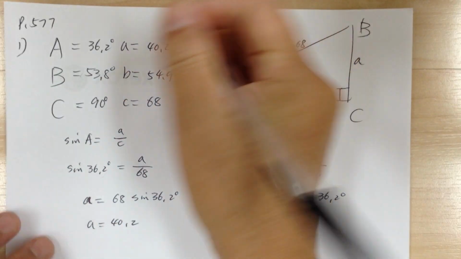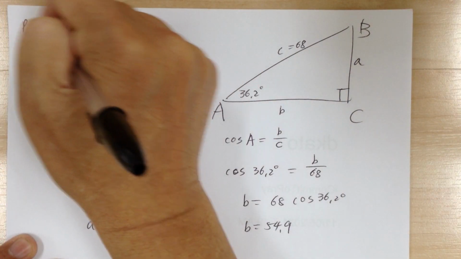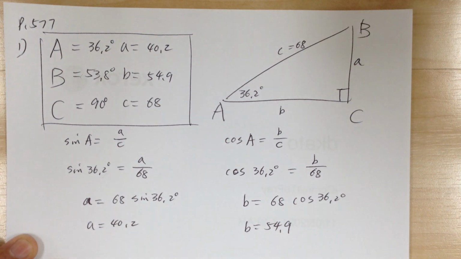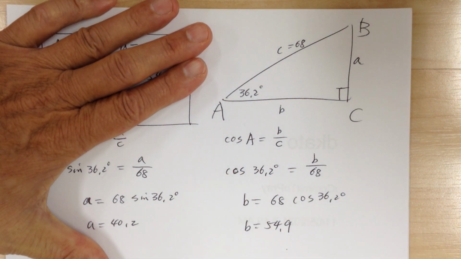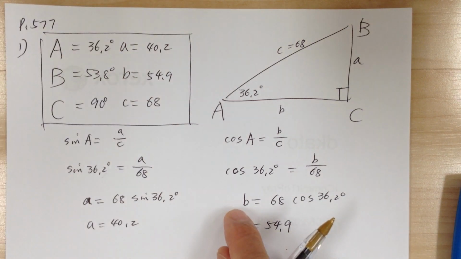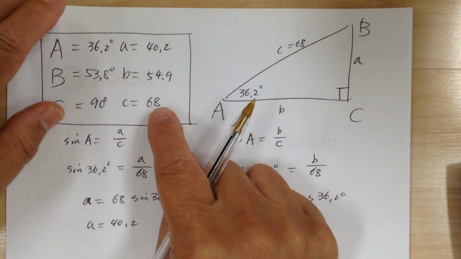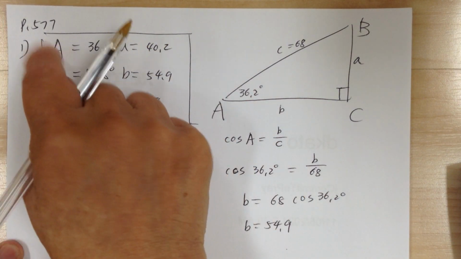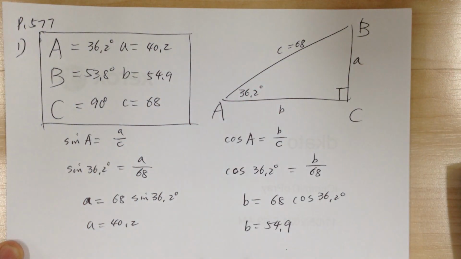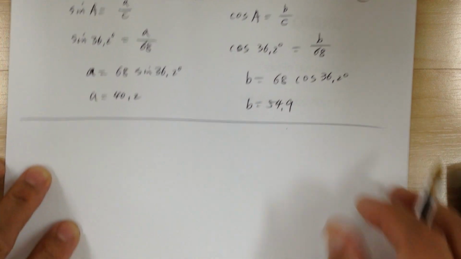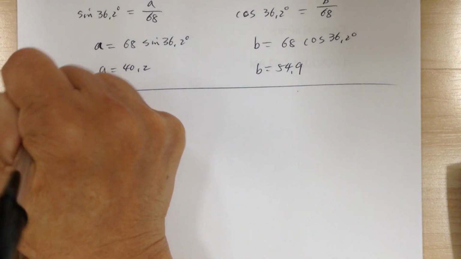And then after that, you can see clearly you got everything. If you don't do this, if you just write this all over the place, sometimes you're going to lose track of what you have and you may miss some of the answers. So it's important to do this, especially later on you're going to get a general triangle and it's going to be more complicated. So again, keep things organized.